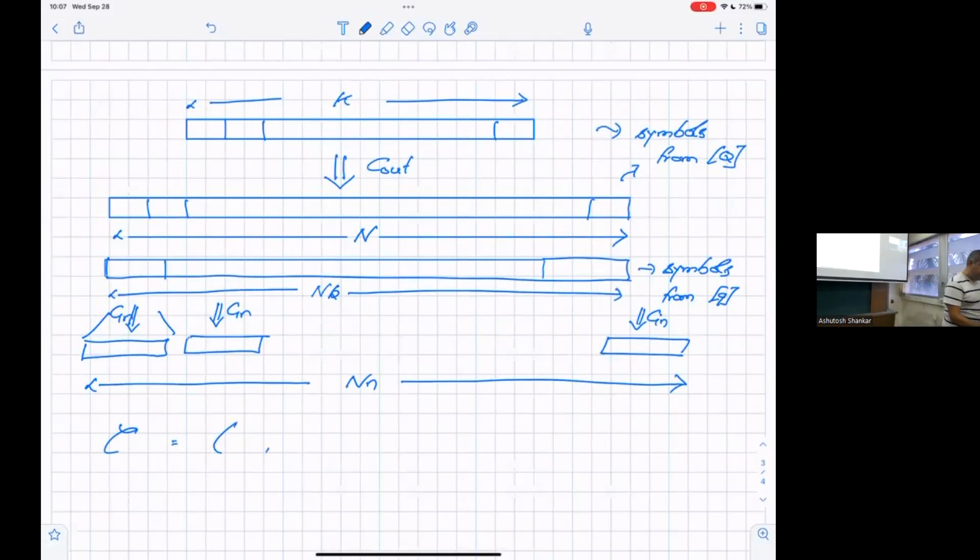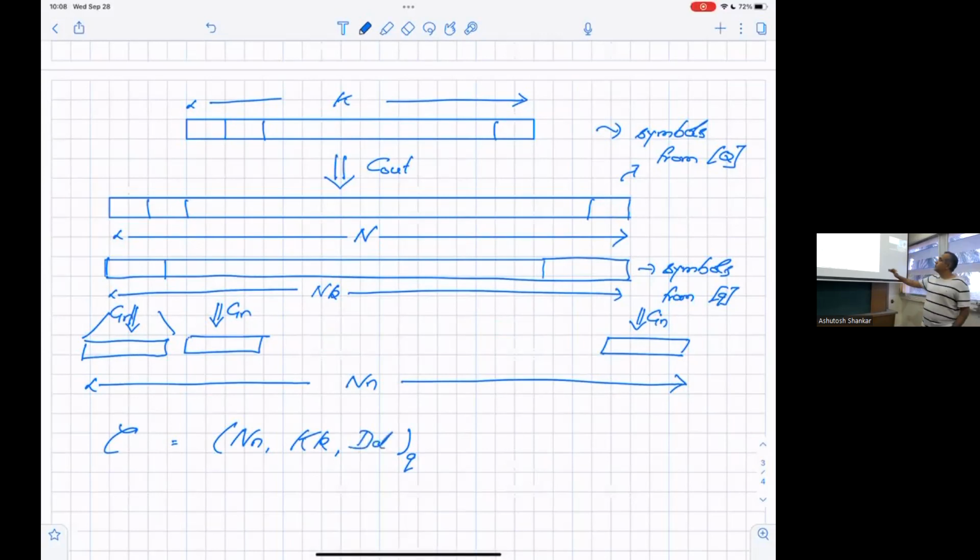What I want to say is capital K times small k is in the alphabet of the smaller guy. I want to write everything in the smaller alphabet. What's the final block length? N times n. What's the final distance? D times d.